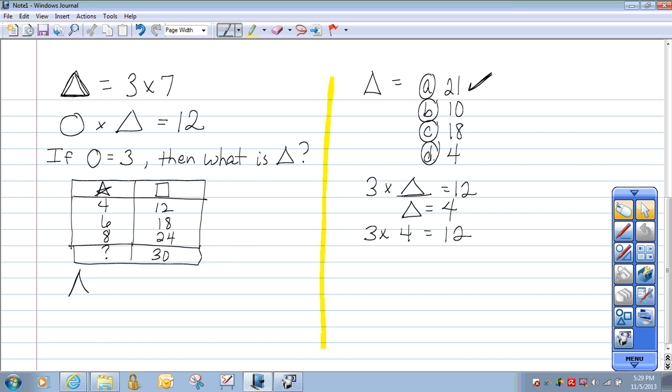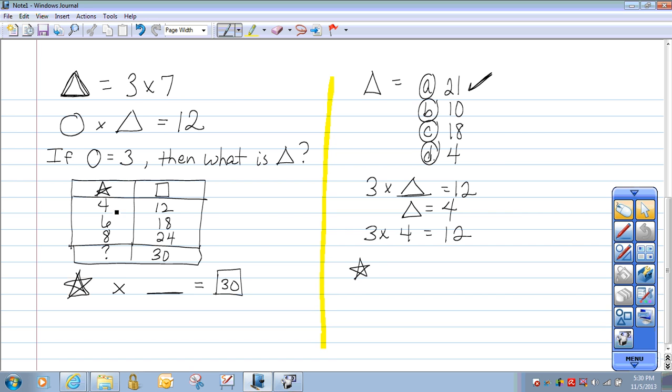Let's say we have our star times some number is going to give us our square. So if our square is 30 and our star we don't know, then we have to identify what the pattern is to find out what goes here.